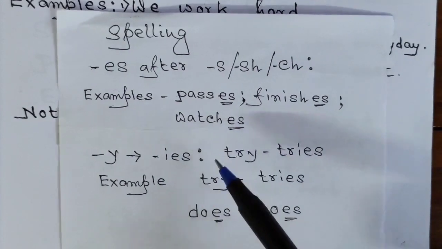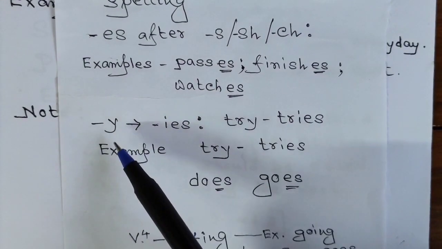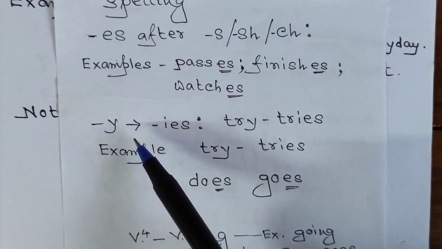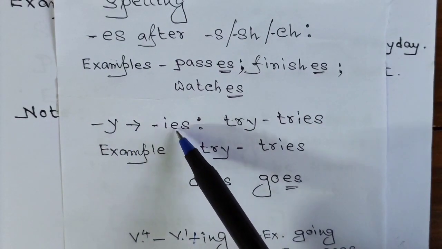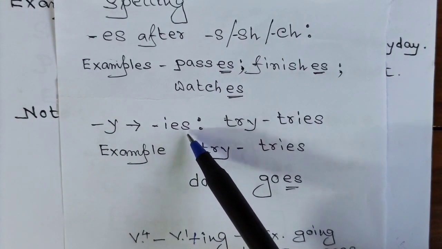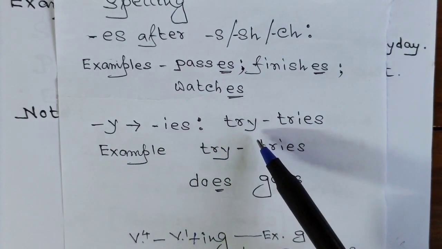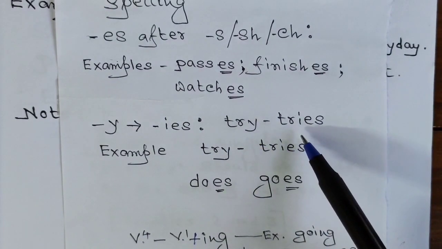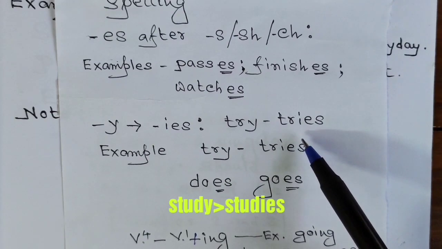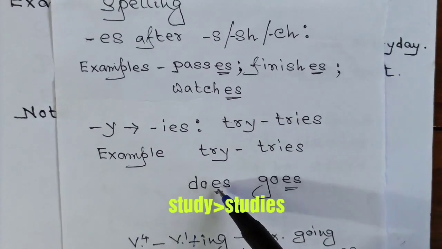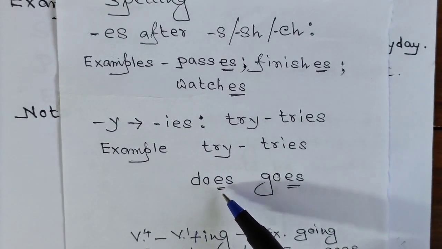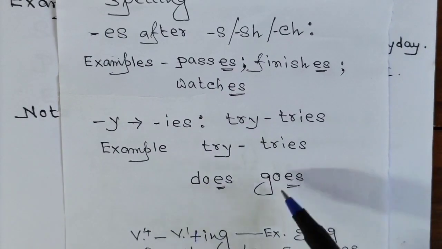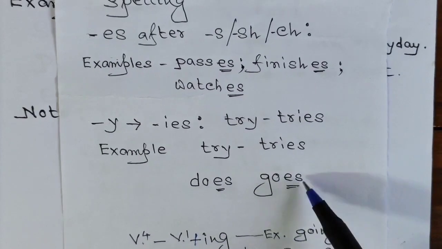Sometimes we have some verbs that end with y, and that y becomes i, and after that es is added to the verb. Just for an example, we have the word try, tries. We can also say study, studies. Okay, and we have two other words where we add es to the end of the verbs. Do and go. Does and goes should be there.